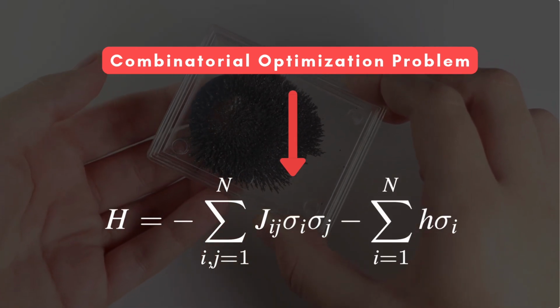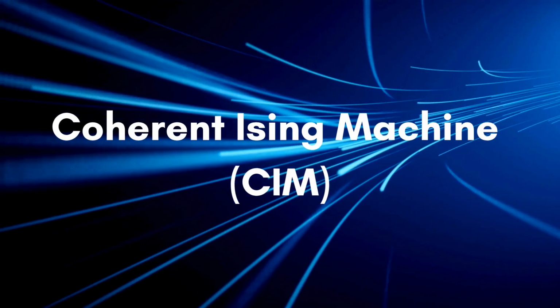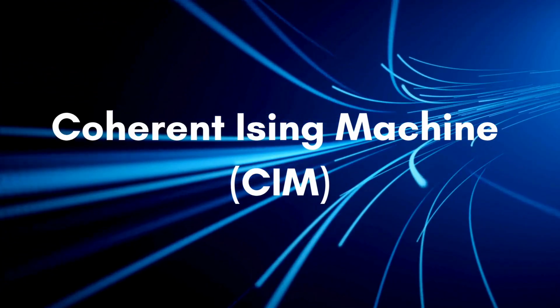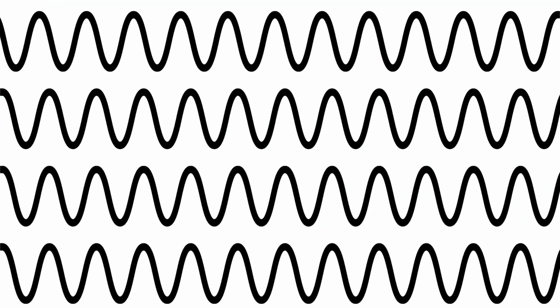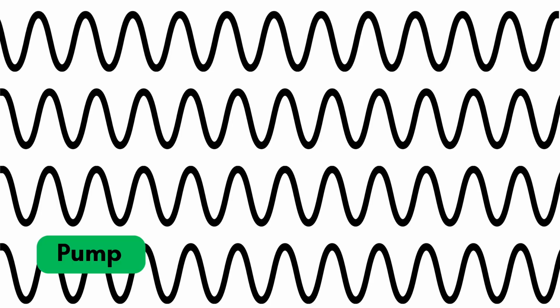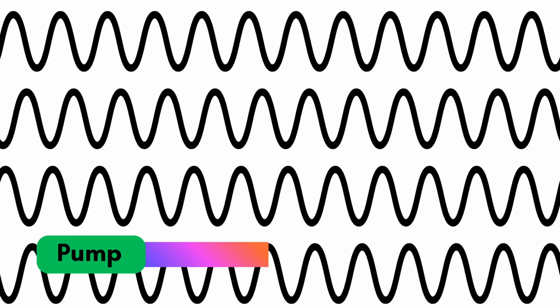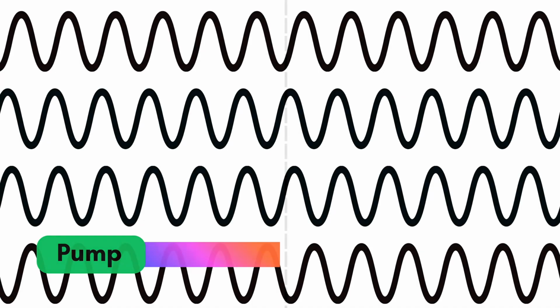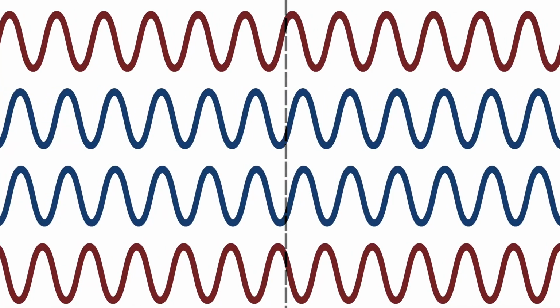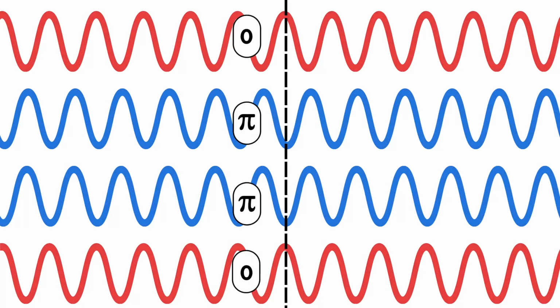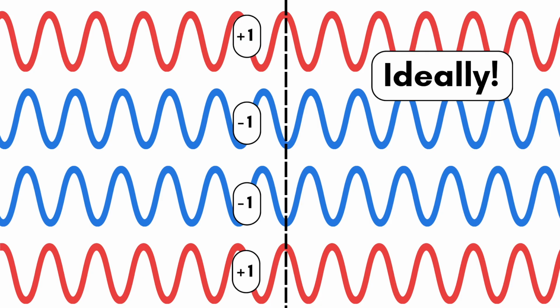The coherent Ising machine is a promising Ising machine that, instead of magnets, uses a network of optical pulses. Each of these optical pulses represents a spin. The system is provided with an external pump, and above a certain threshold energy, these pulses settle into stable coherent states with the binary phase, so either in phase or out of phase, representing either spin up or spin down, ideally.